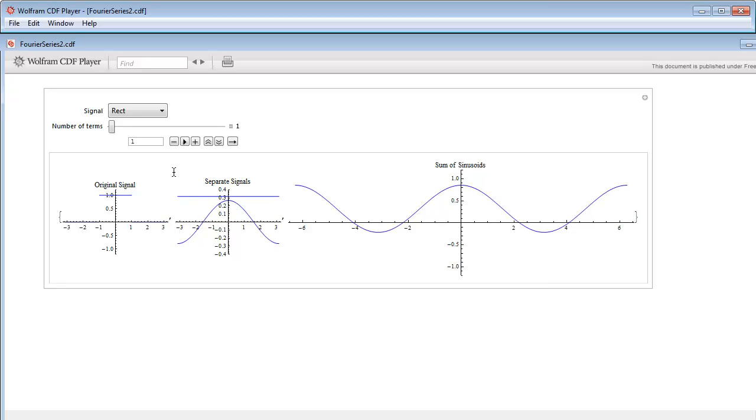That's the signal we're trying to approximate. And it gets better and better. But still we notice that the overshoot never completely goes away. It just gets narrower and narrower.